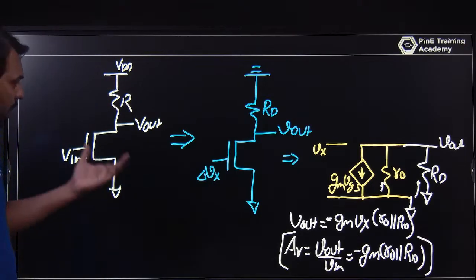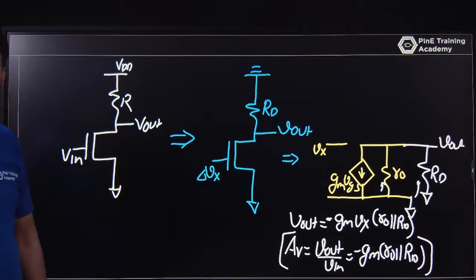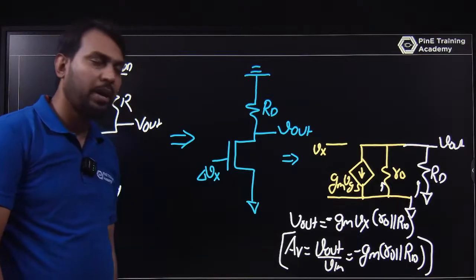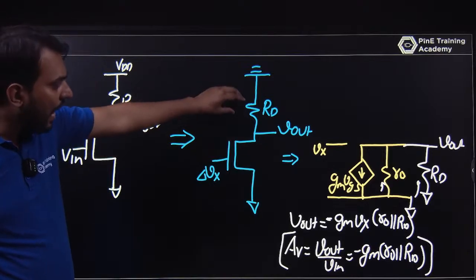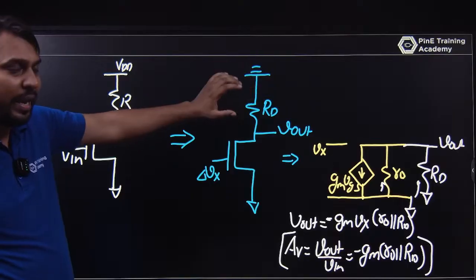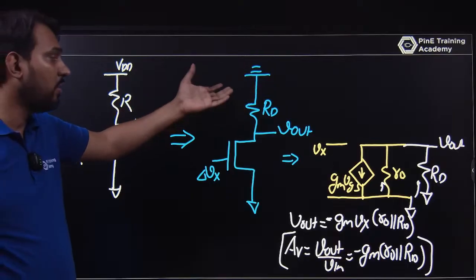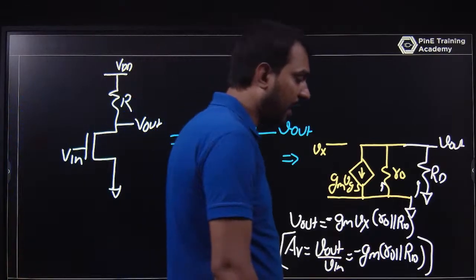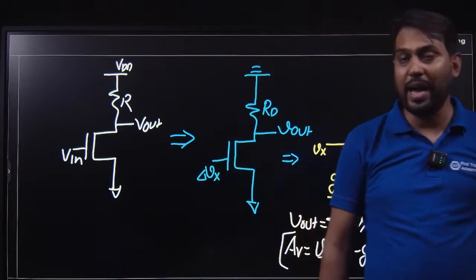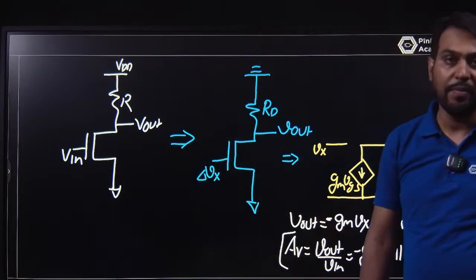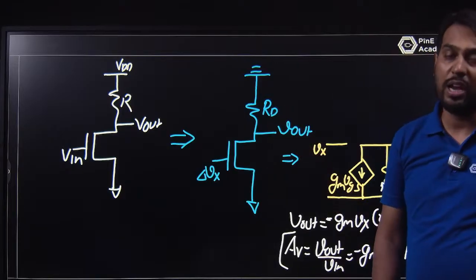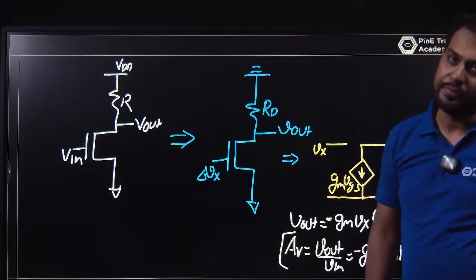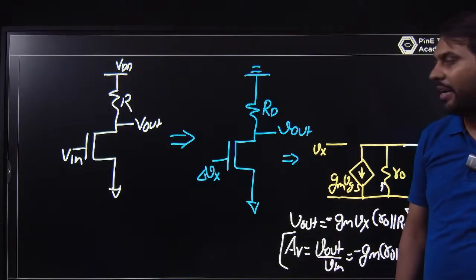So for the common source amplifier with a resistance load, the gain is minus gm (R0 parallel RD), and you can note that RD can be a diode or a current source load, because RD is a problem for fabrication, as that resistance value will be high for finding higher gain. If you are using 10K or 5K or 9K or 11K, it will be a problem to fabricate in a layout.